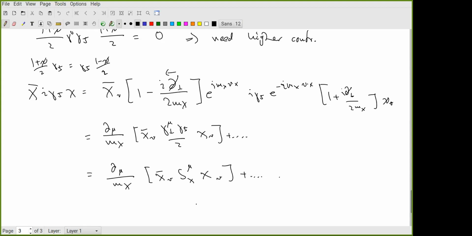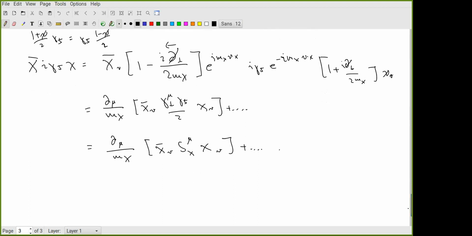It just depends on what you start with. So for an axial vector current, it's just spin-dependent. For this pseudoscalar exchange, it's spin-dependent and momentum-suppressed. So that's the general strategy. Any questions here?